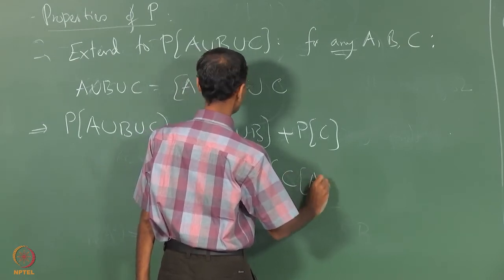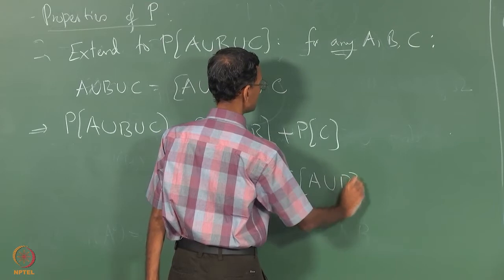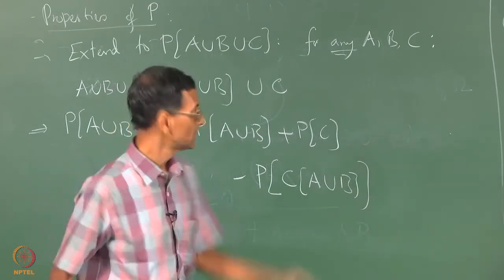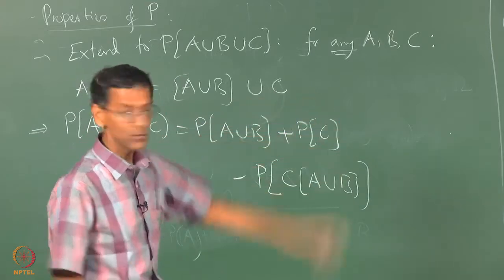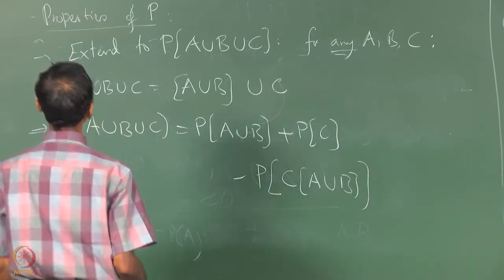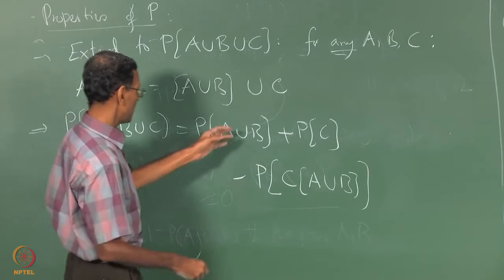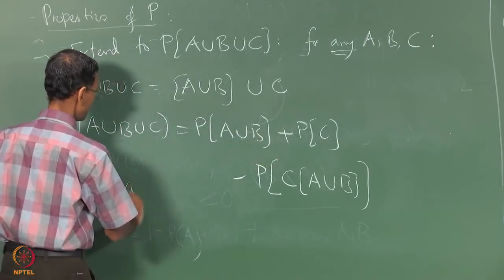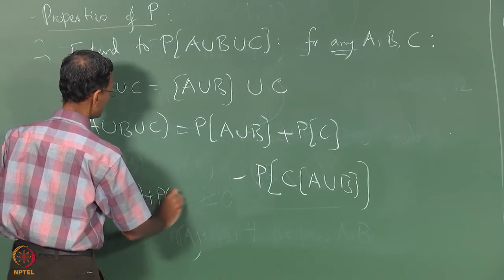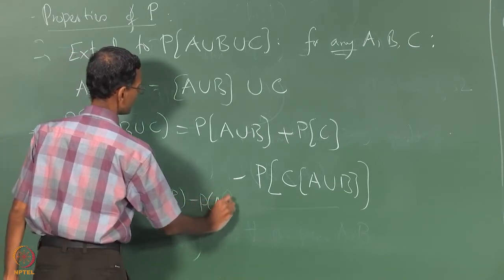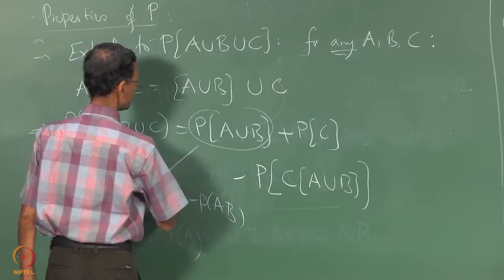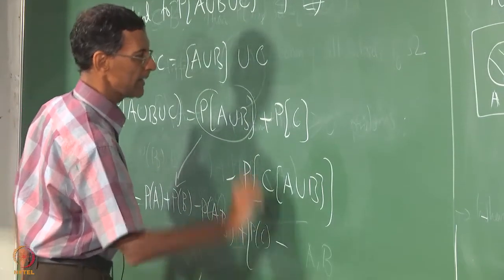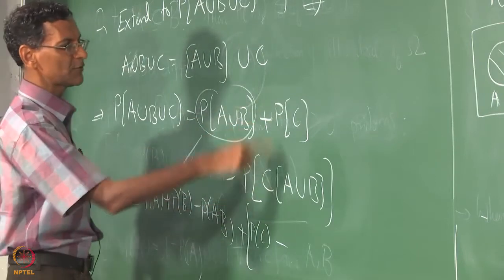I will just write it like this. We do not need to put the intersection sign. We have used that convention everywhere. So now this we expand using that. So this is PA plus PB minus PAB. This guy comes here, then of course the PC comes here, minus this, I am just putting another bracket for this portion.